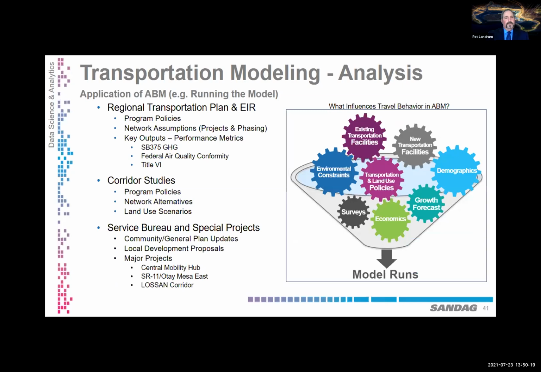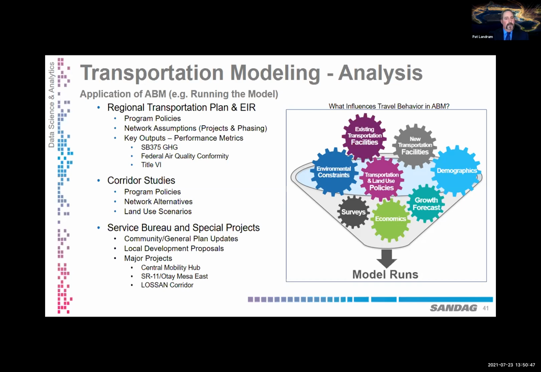So on the modeling analysis side, this is the team that really takes that model and provides a lot of analytic functions. Again, I mentioned earlier, this model takes about 3 days to run. Some of the key projects and initiatives that the model is used for include the Regional Transportation Plan and the accompanying Environmental Impact Report.